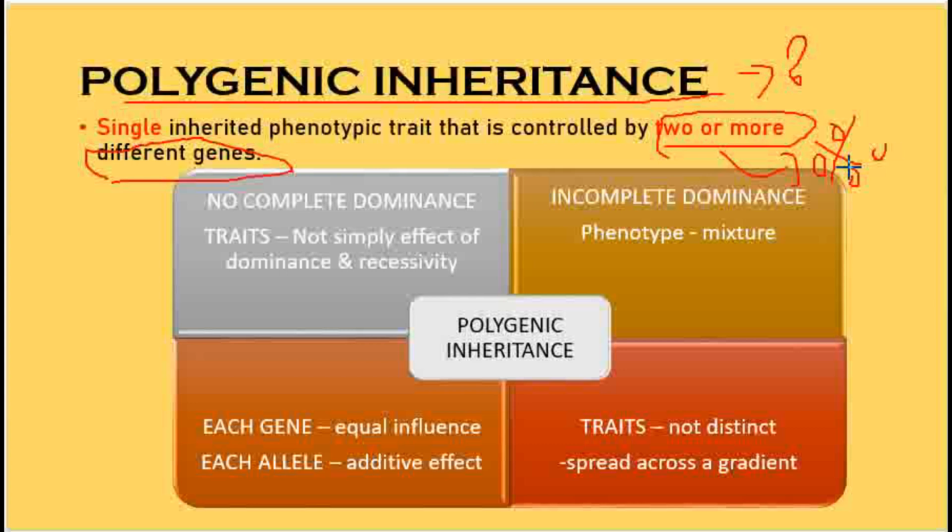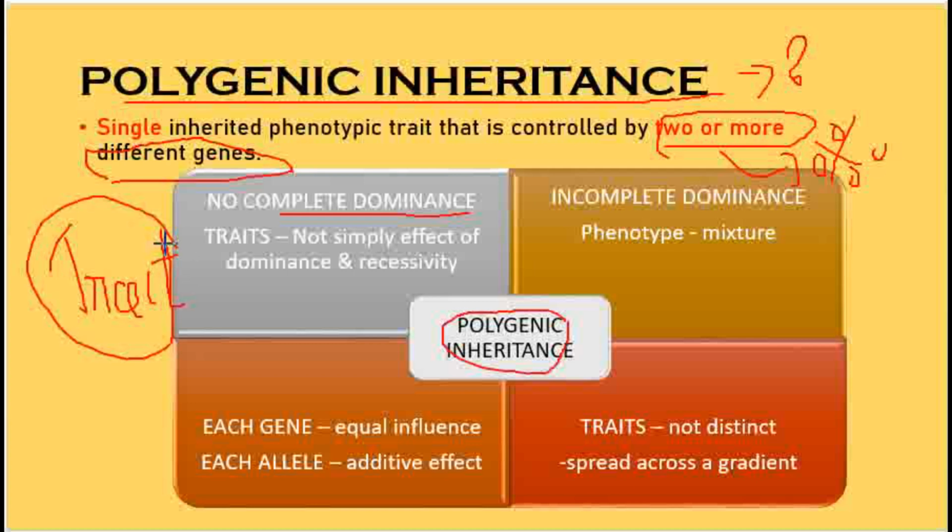Some of the features of polygenic inheritance are that you can't see complete dominance. A trait is not going to completely dominate, and it doesn't express its 100%. What did Mendel say? If you take flower color, you find either purple or white.